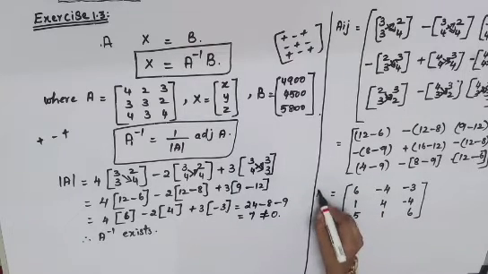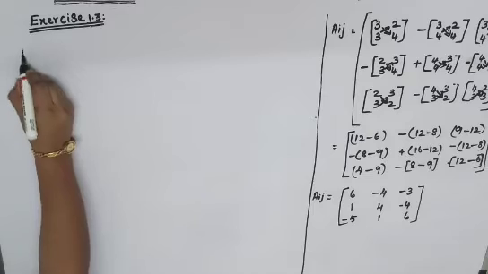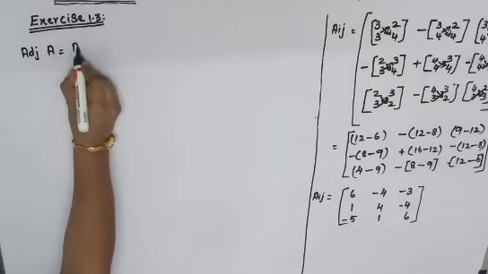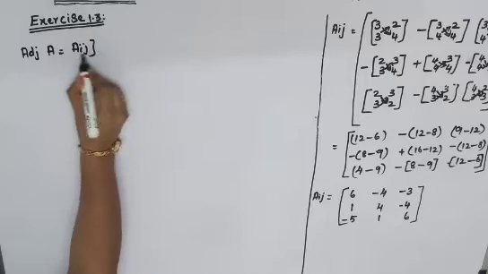So this is your Aij. Adjoint of A, you have to find it. So adjoint of A is equal to Aij, the whole transpose. So we have got Aij here, we'll have to write the transpose. Transpose is nothing but converting your rows to columns, otherwise columns to rows.